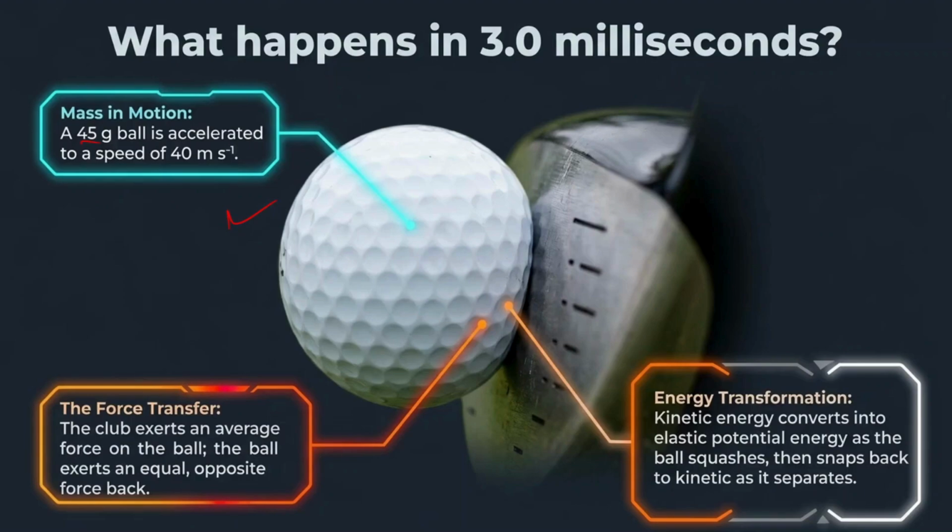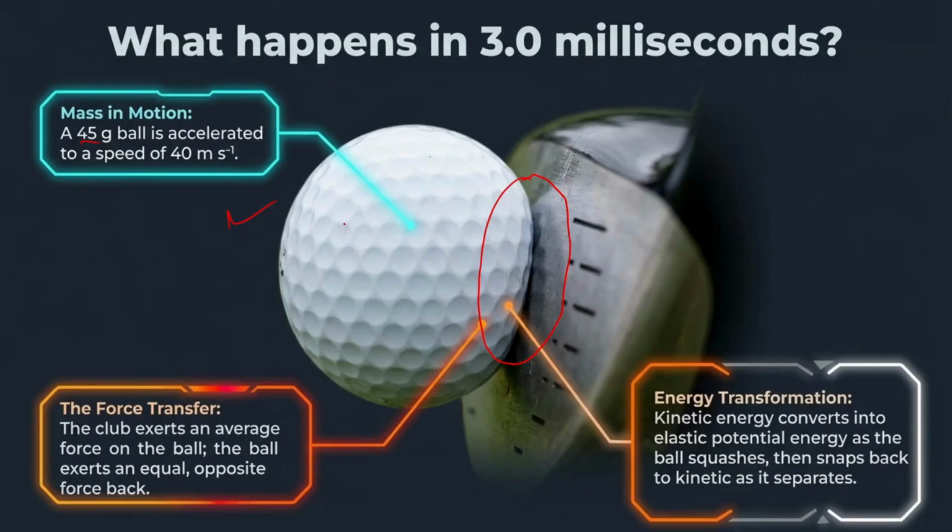First, the ball is moving towards the club. When the club hits, the ball gets compressed or deformed, as you can see here. Some portion of the ball is compressed and some kind of deformation happens over here.